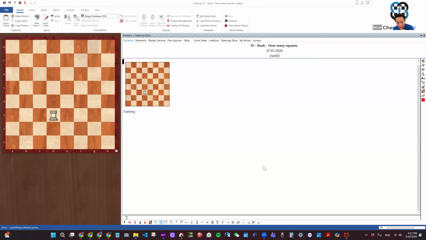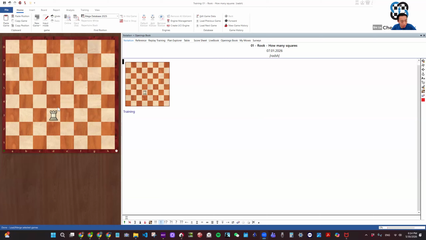Some people are saying 16, some people are saying 14, someone said 2. A lot of different answers. It seems like most people are saying 14, and yes, 14 is the correct answer. The rook can move to 14 different squares if you do the math.